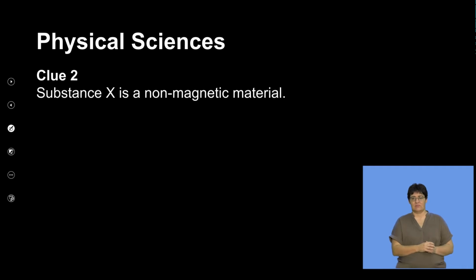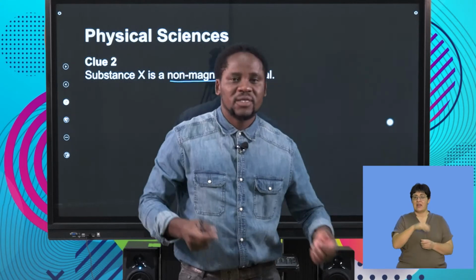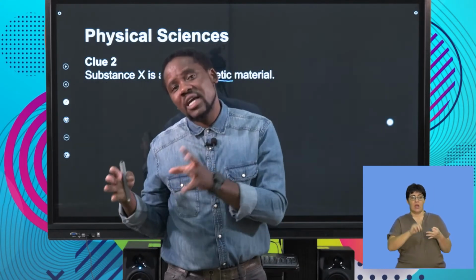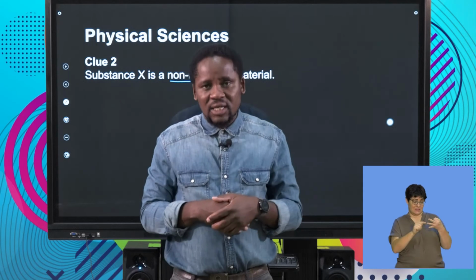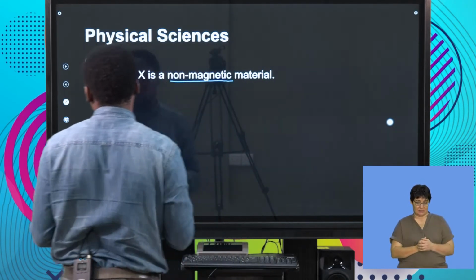And then moving along, our second clue is that substance X is non-magnetic. Remember, magnetic materials contain the ferromagnetic elements, which are iron, nickel, and cobalt. So we're told that X is non-magnetic, so it doesn't contain any of the ferromagnetic elements that we know of, okay?